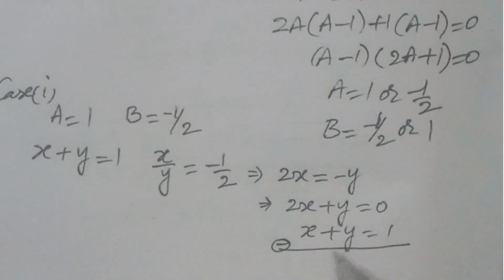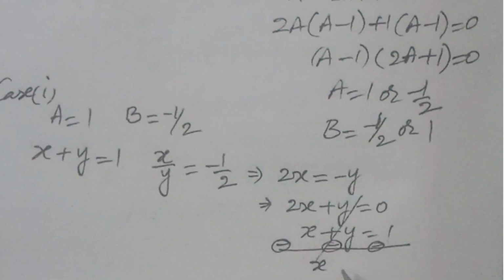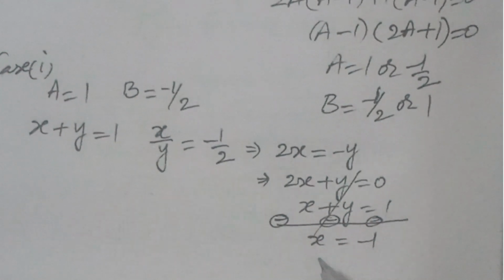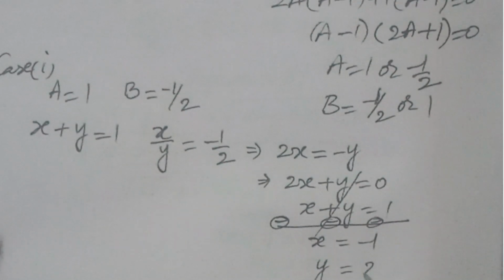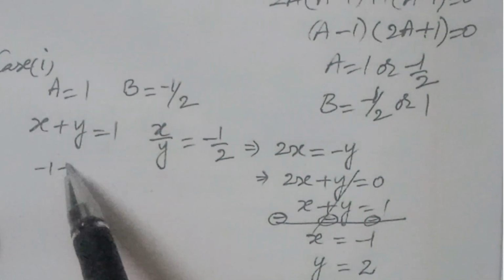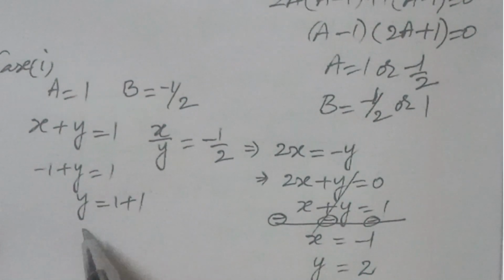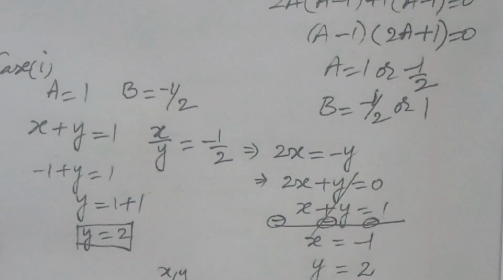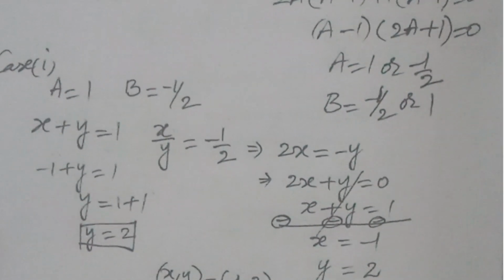Now if you subtract these two, y gets cancelled, x is equal to minus 1. So if you substitute here x value, minus 1 plus y is equal to 1, y is equal to 1 plus 1, y is equal to 2. So here x comma y, we get the solution minus 1 comma 2.